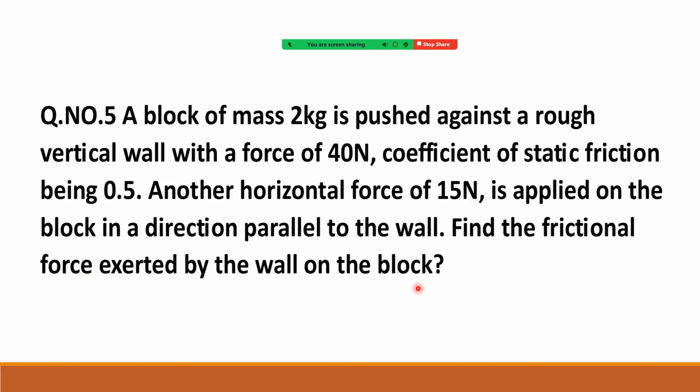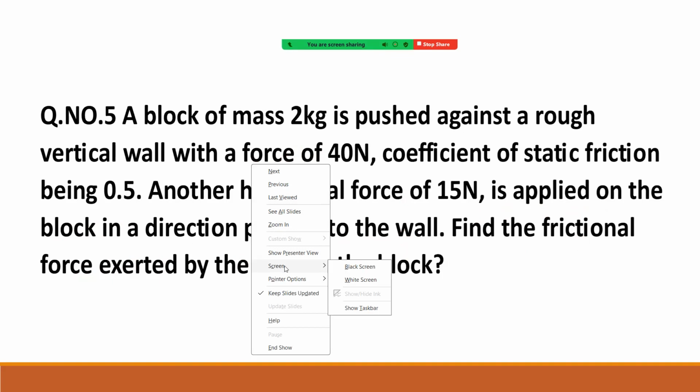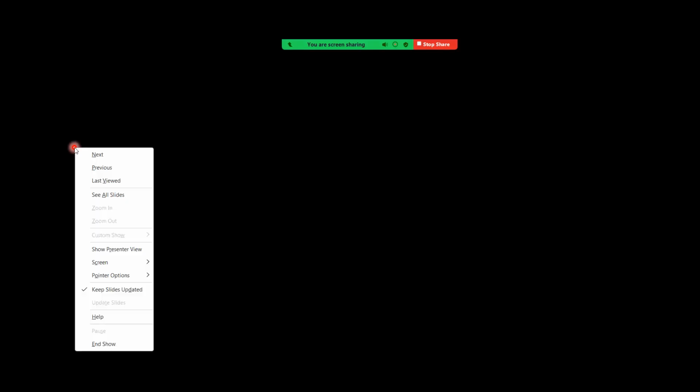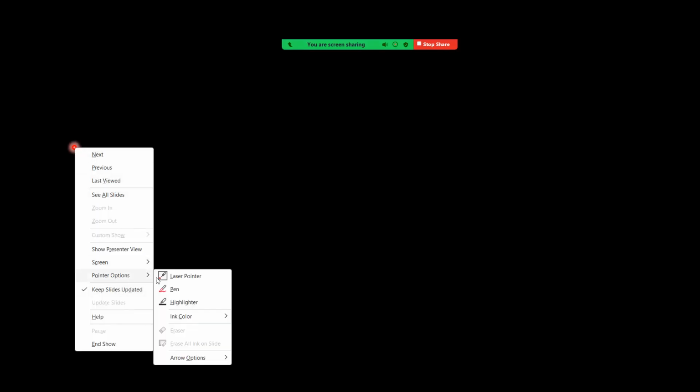Now see carefully. First note down the given data. If you want, try it once on your own, then see the solution part. So first write down, we are pushing a block against a rough vertical wall.